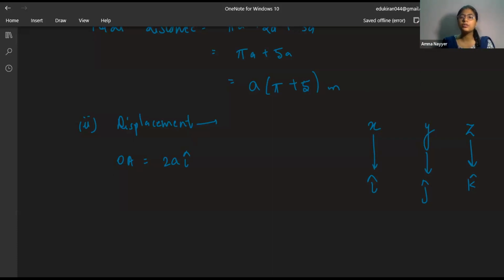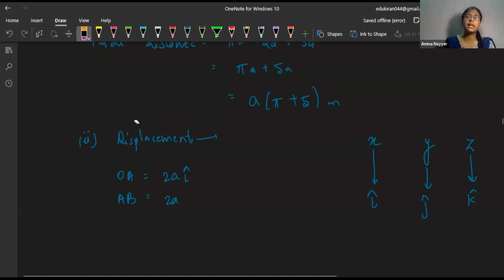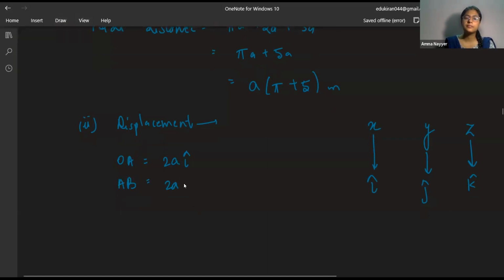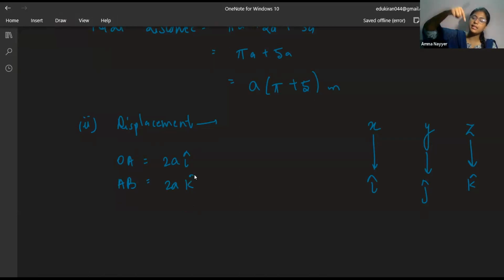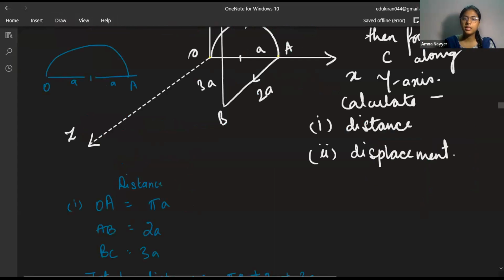Then coming back to AB, from A to B, this is given again as 2A, but along the z-axis, so K cap. And then BC, it went from z-axis to y-axis. Remember, look here.